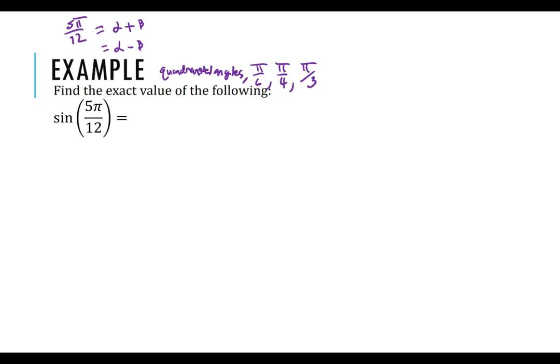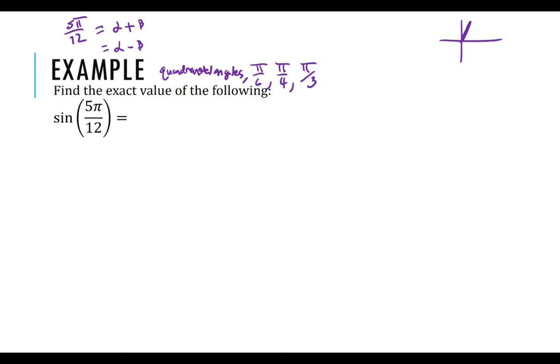Well, if nothing else, maybe think about where you live with 5 pi twelfths. Well, 5 pi twelfths is less than pi halves, so it's going to be here somewhere. The only reason I want to know which quadrant I'm in is because it gives me the idea of where I should be looking on my unit circle to pick an alpha or a beta to start with.